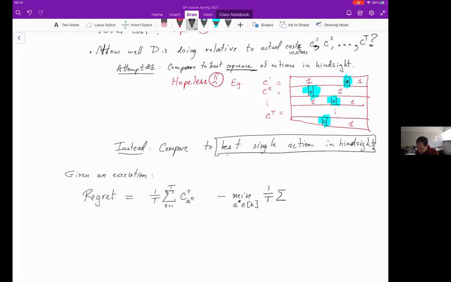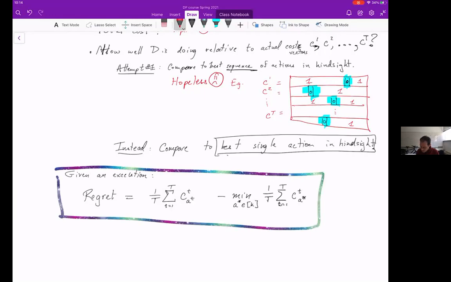So with the same cost vectors, but imagining this counterfactual world where I had just chosen one action and held it the whole time. So this is the realized cost, and this is the cost of A star in hindsight. And I'll compare it to the best such cost.